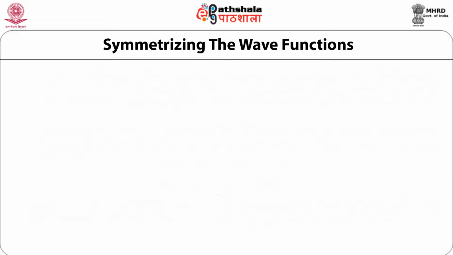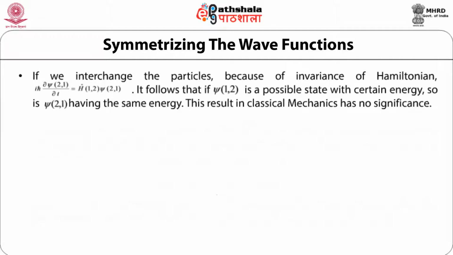Now if we interchange the two particles, that is, now particle 2 is in state alpha and particle 1 is in state beta, then because of the invariance of the Hamiltonian, we can again write the Schrodinger equation as i times h cross times the partial derivative with respect to time of the wave function psi21 is equal to the Hamiltonian operator H12 acting on psi21.